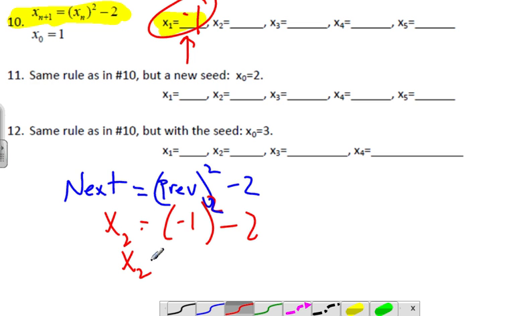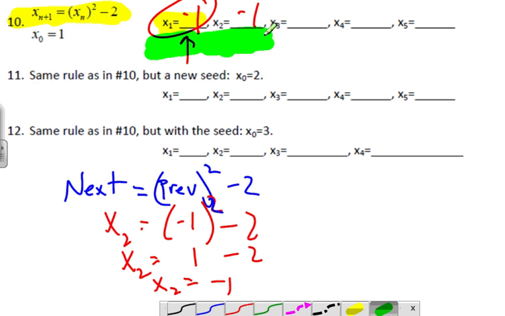So the second iteration is negative 1 squared, which is 1, minus 2, which is negative 1. And since this is recursion, when we look up here, what happened? When we have a negative 1 and we apply the rule, what comes out is a negative 1. So with recursion, we'll now take this value and put it in, but we already know that when negative 1 is the input, that's exactly what comes out. So for number 10, every single iteration is the same.